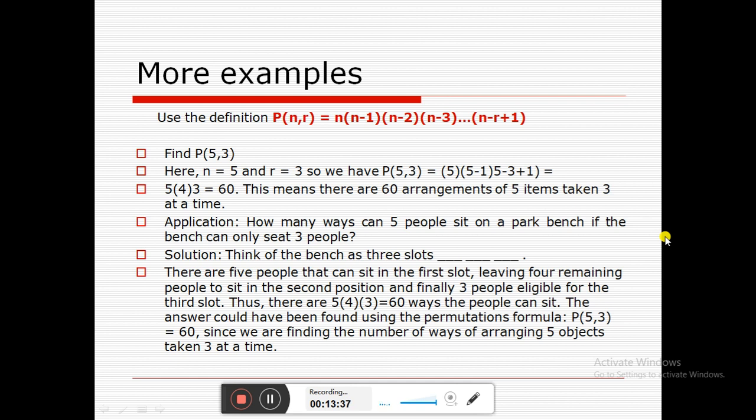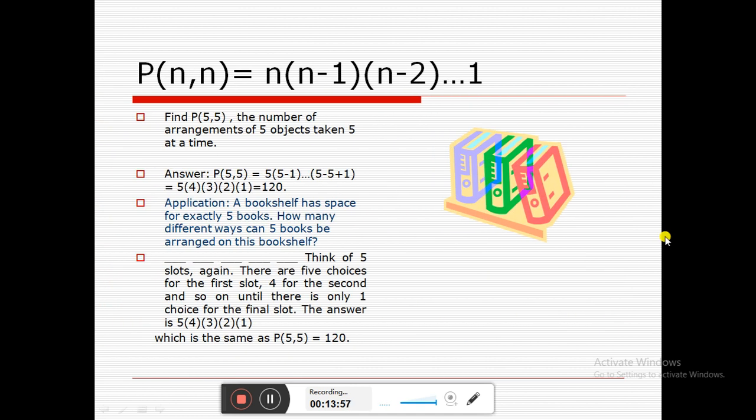Thus, there are 5 into 4 into 3, that is 60 ways the people can sit. The answer could have been found using the permutation formula P of 5 comma 3 equal to 60, since we are finding the number of ways of arranging 5 objects taken 3 at a time.